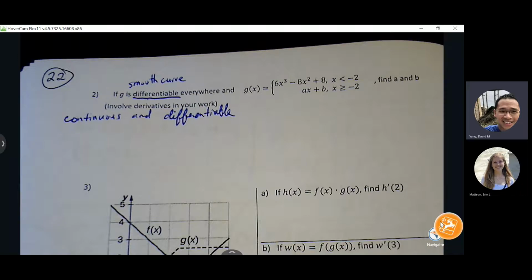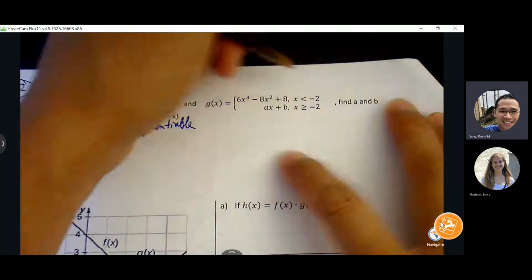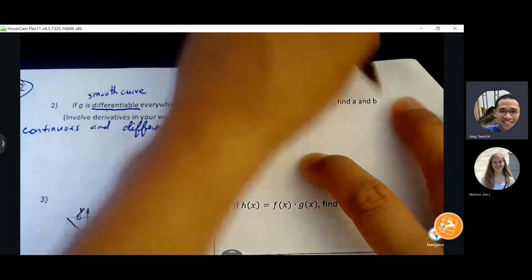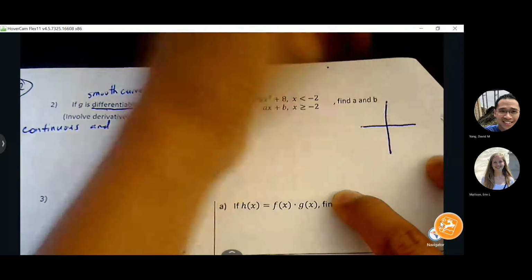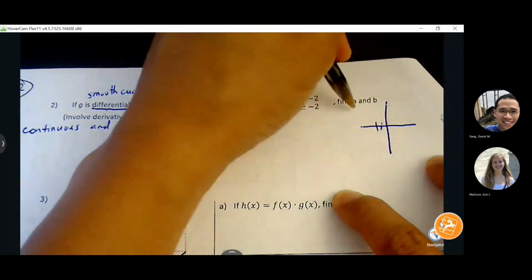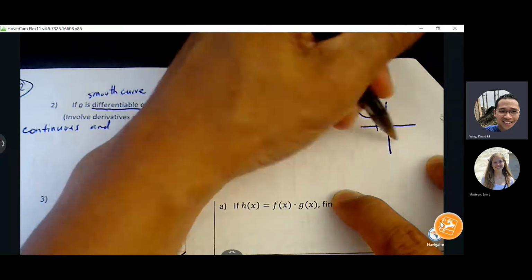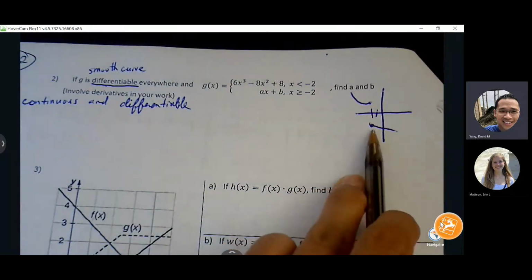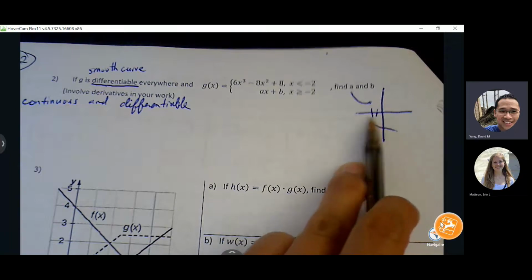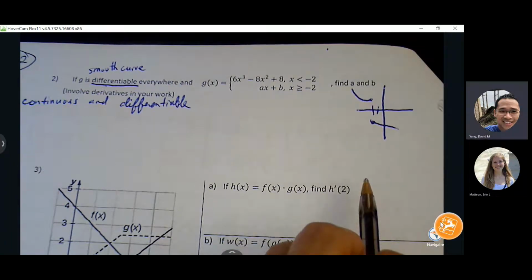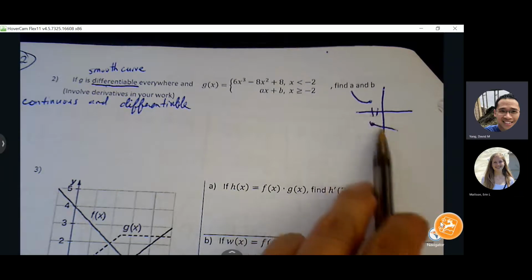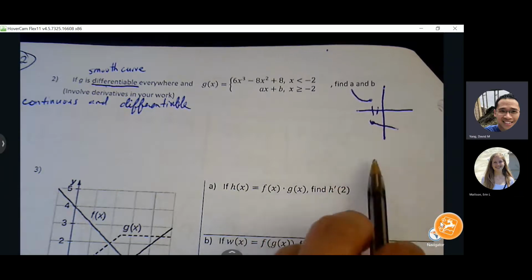Does that make sense? Okay, so let's say I had two graphs here, and I have two branches that look like this. Do these two branches share the same y value at -2? They don't, right? But what would it look like if they actually share the same y value at -2?